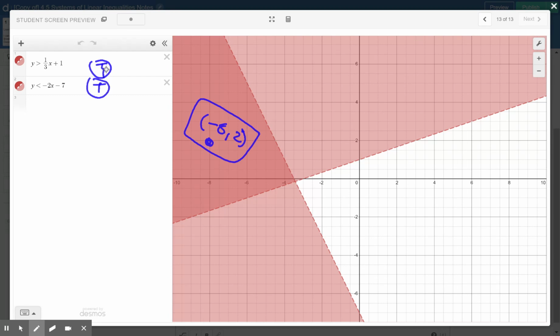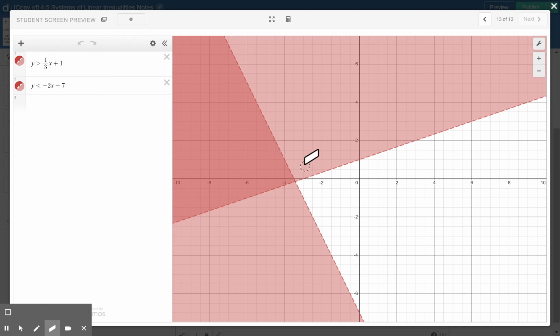You don't have to do that. You can just see this area right here. And this area goes on forever and ever. If you zoomed out, you could see more of that double shaded area. So negative 8, 2 is a solution because it's in that double shaded area.